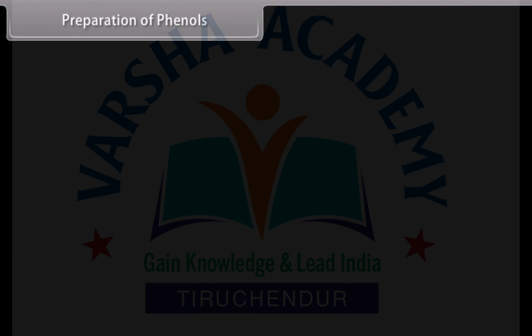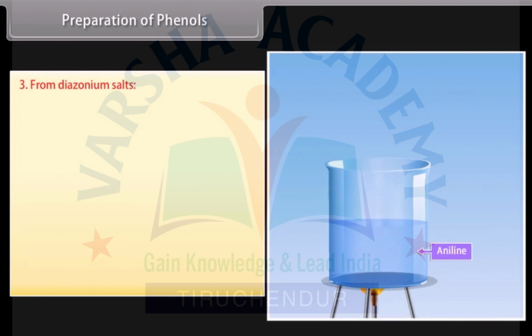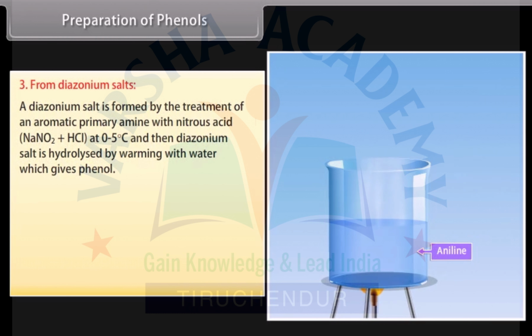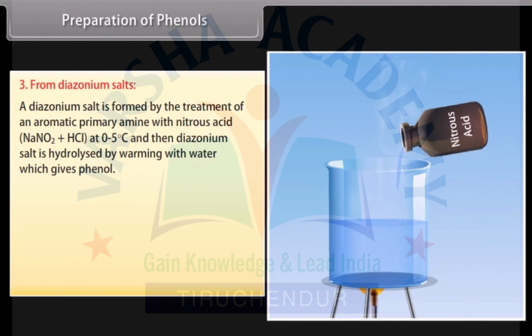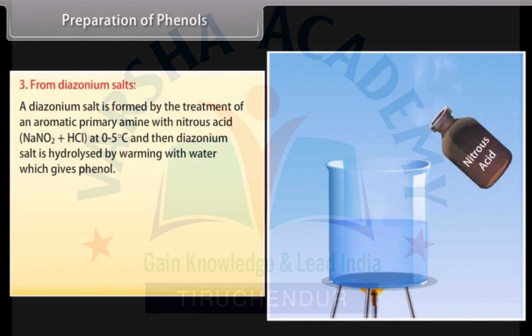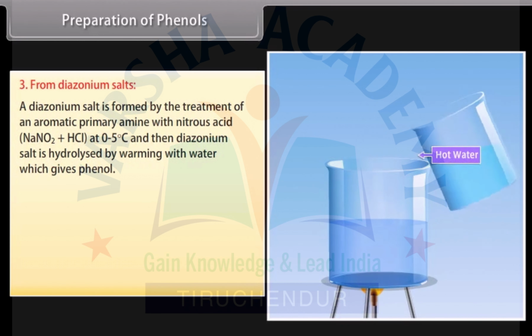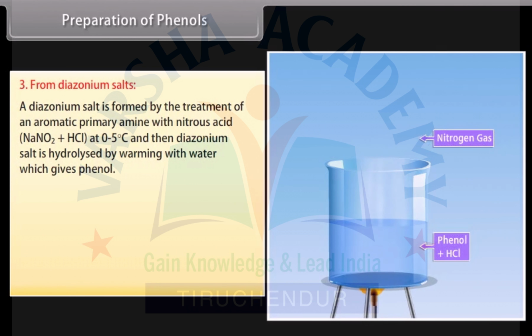Preparation of phenol. From diazonium salts. A diazonium salt is formed by the treatment of an aromatic primary amine with nitrous acid at 0 to 5 degrees Celsius, and then the diazonium salt is hydrolyzed by warming with water, which gives phenol.